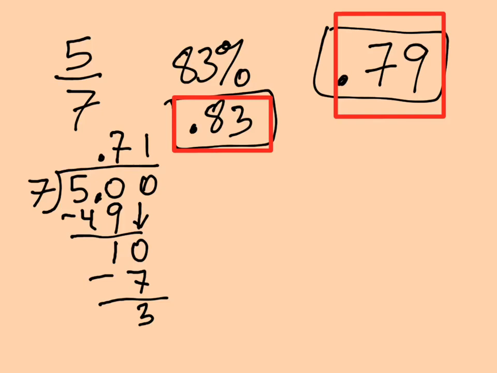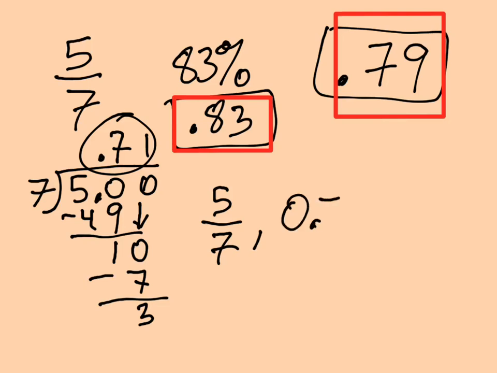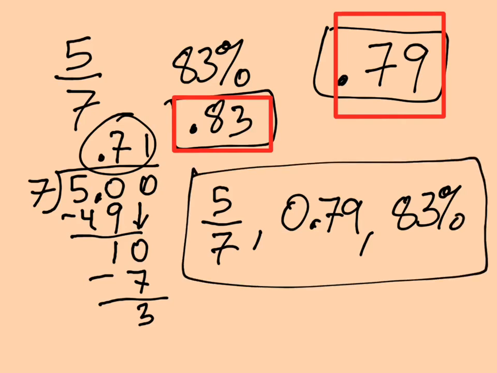That tells us that 0.71. We don't need to go any further because we know it is the least already. So we know 5/7 is the least, and then 0.79 is the next smallest number, and then 0.83, which is 83%, is the next. So notice we only did our decimals until we had the same number of decimal places as the one with the most number of decimal places.